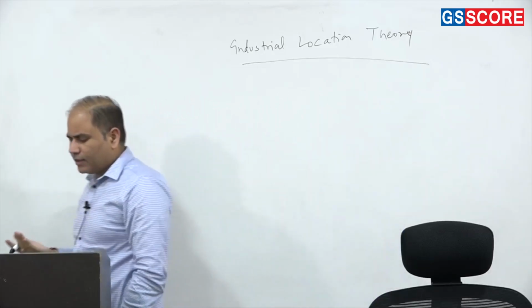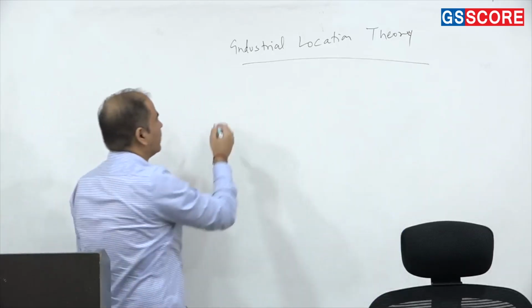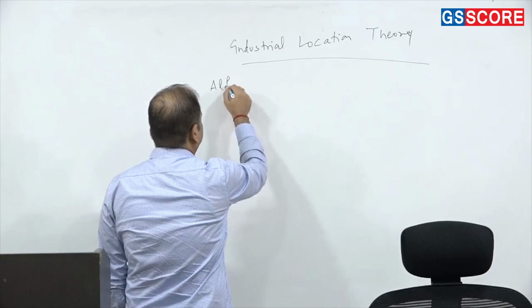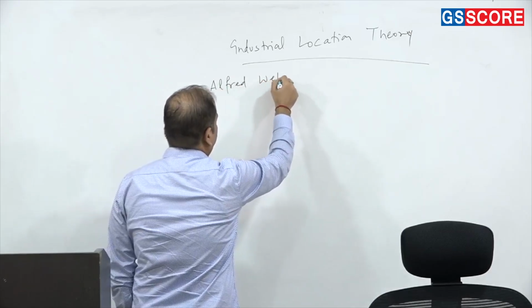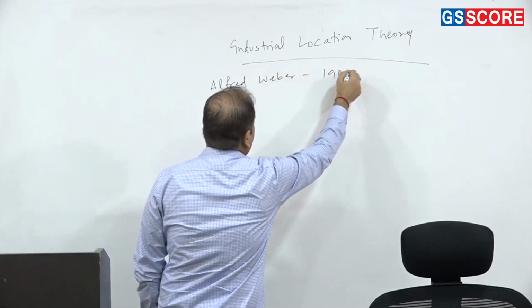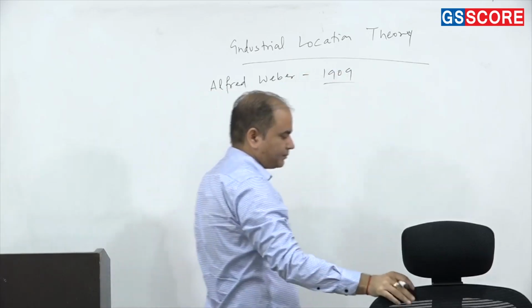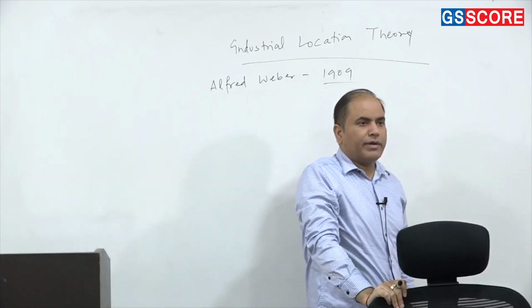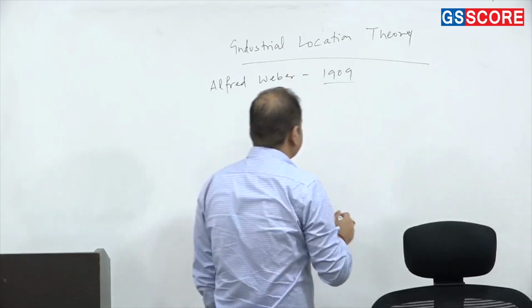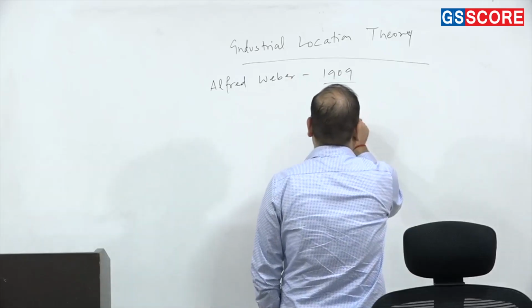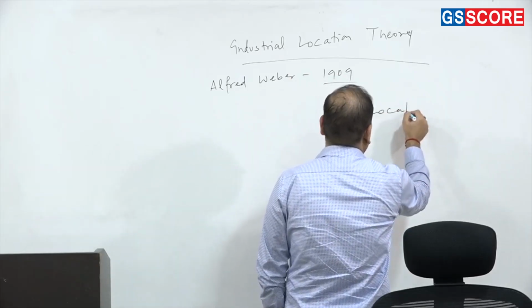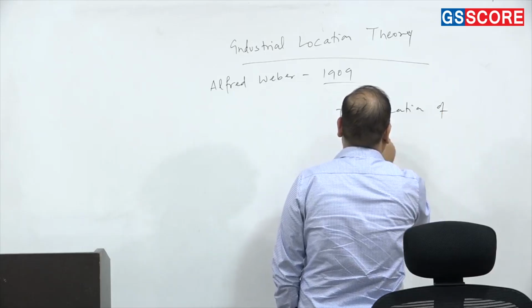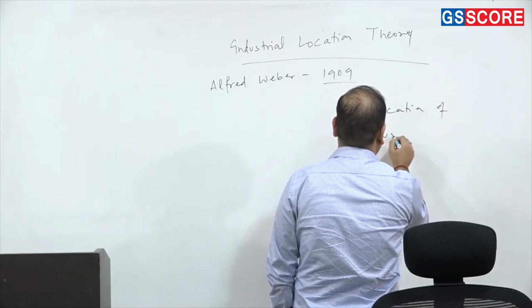Industrial location theory was given by Alfred Weber in 1909, when he wrote a very famous book, The Location of Industries.